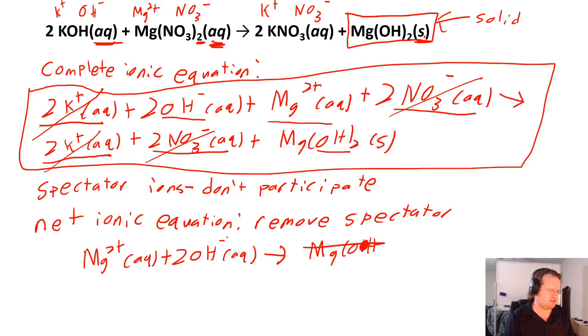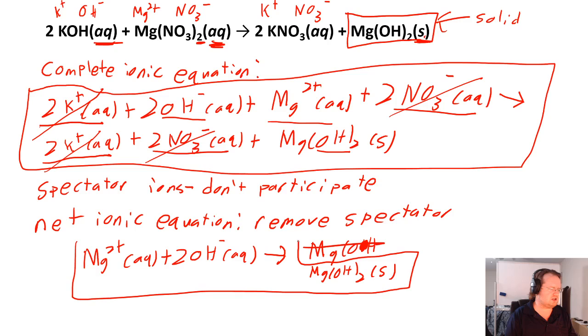So magnesium, OH, 2, solid. So this, minus my little boo-boo where I wrote a little extra term, is the net ionic equation. When you mix these two compounds together, the reaction you're getting is that magnesium plus 2 hydroxides would make magnesium hydroxide.